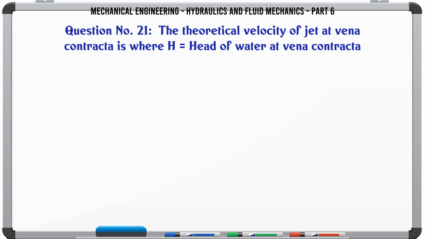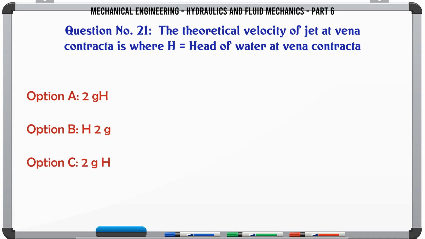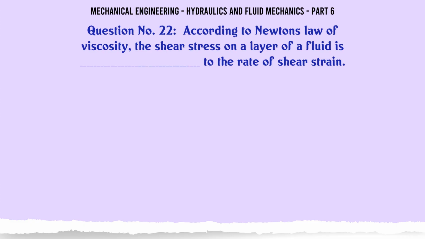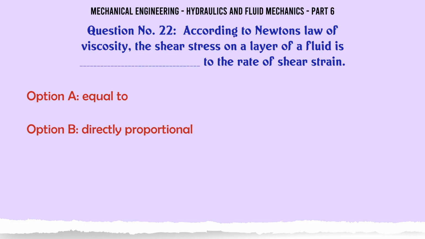The theoretical velocity of jet at vena contracta is, where h is head of water at vena contracta, A. 2gh, B. h/2g, C. √(2gh), D. 2g/h. The correct answer is √(2gh). According to Newton's law of viscosity, the shear stress on a layer of a fluid is to the rate of shear strain.